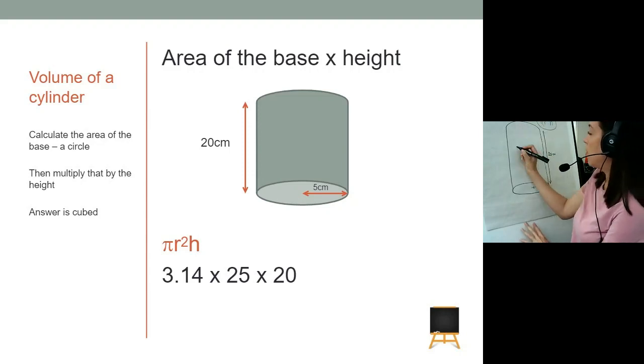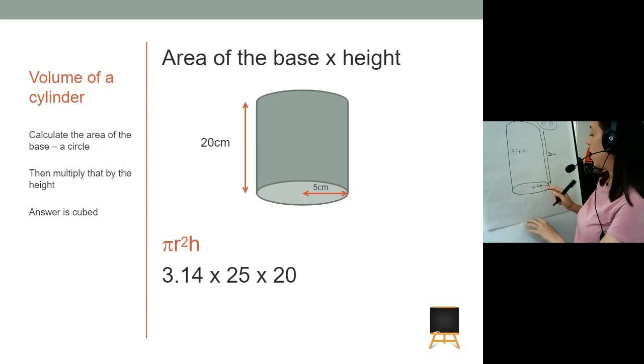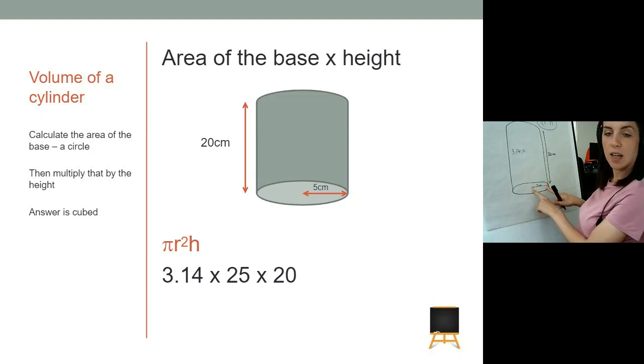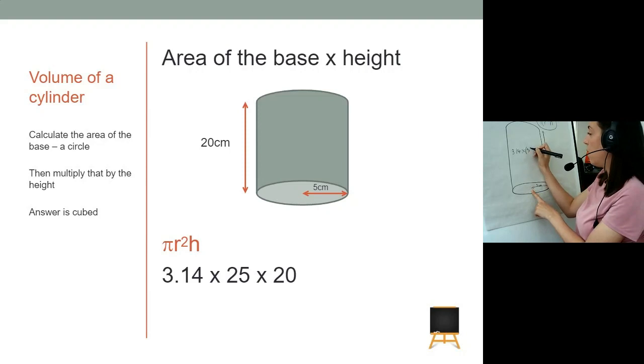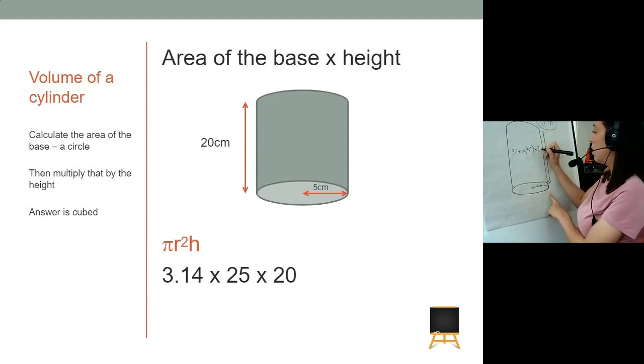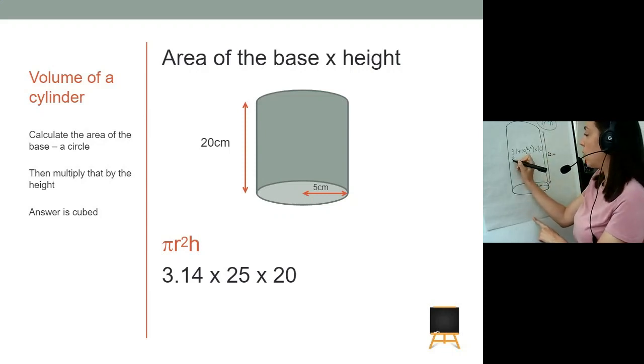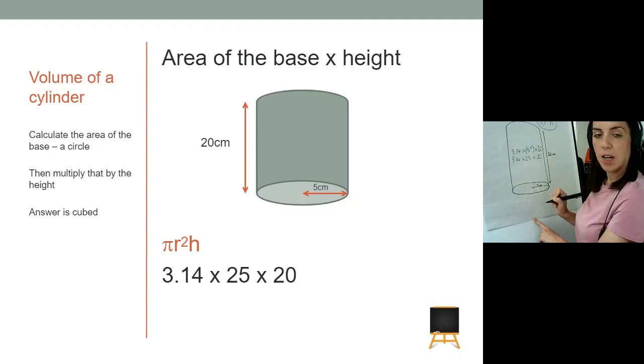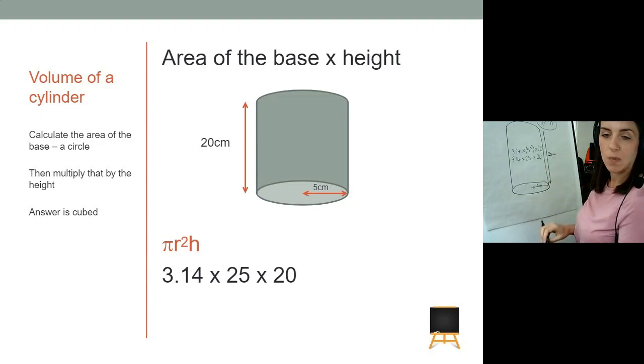So we end up with 3.14 multiplied by the radius squared, and in this case it's 5, so 5 times 5 is 25. I'll write it out first. Then multiply that by the height, which is 20. So we end up with 3.14 multiplied by 25 multiplied by 20. Anybody want to give me an answer there? Anybody else as well?